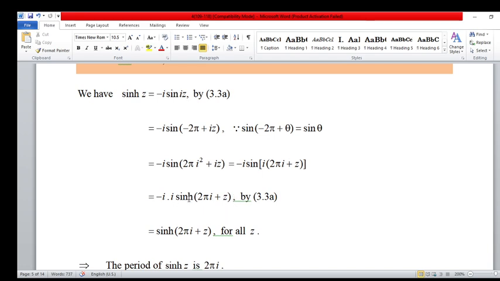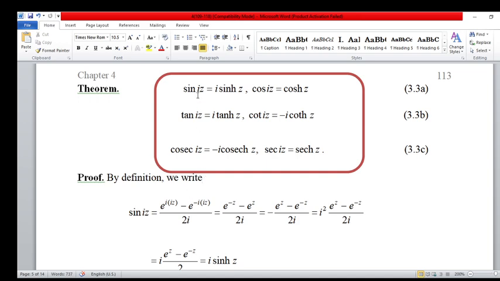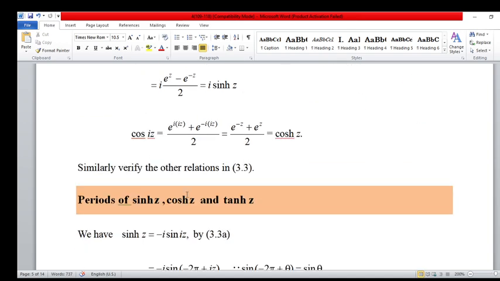And here i sin iz means i sin hyperbolic z, this formula applies: sin iz is equal to i sin hyperbolic z.